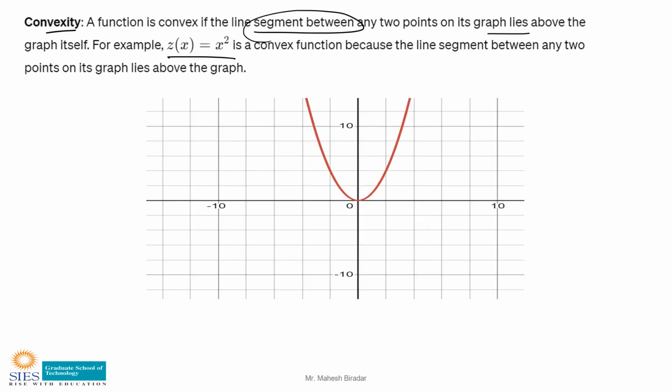This is the graph of the function z of x is equal to x square, and if you join any two points on the graph, then the line segment between those two points lies above the graph. So this line lies above the graph. So we can say that this is the convexity concept.